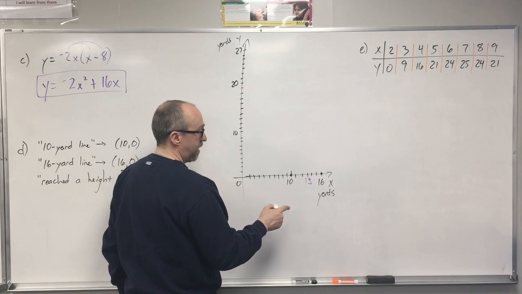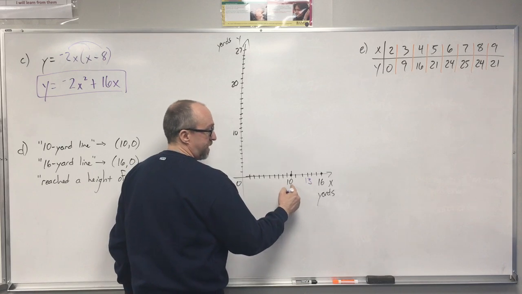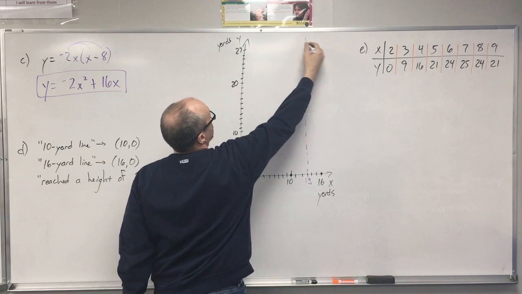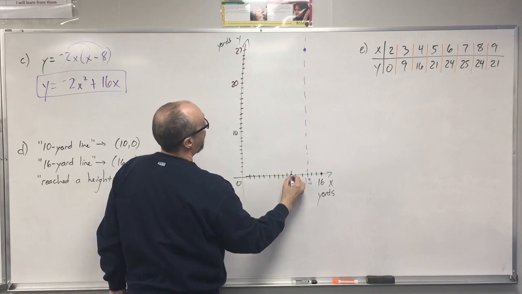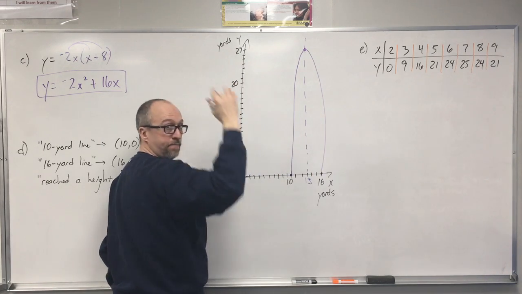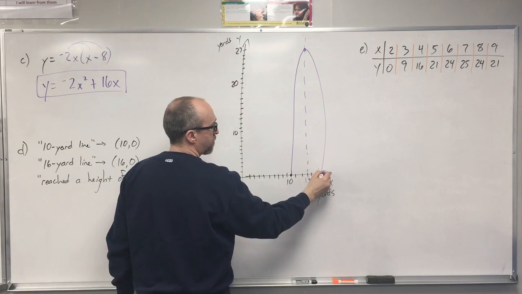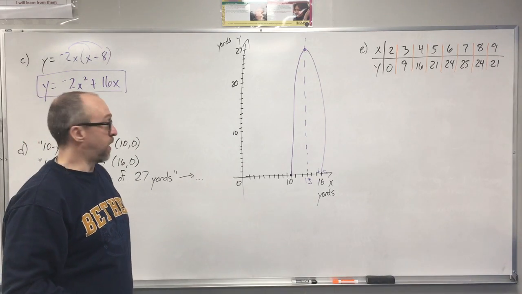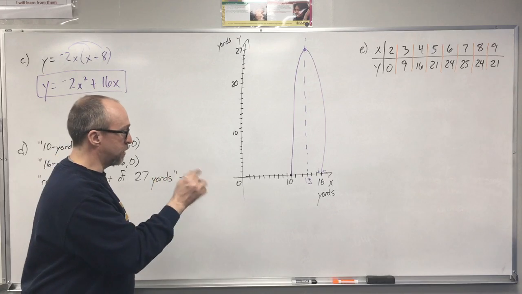13 yards is halfway between 10 and 16, and if I go straight up, there's 27, so I can plot the path of this water balloon. Splat. It hits the ground. That's what happened.